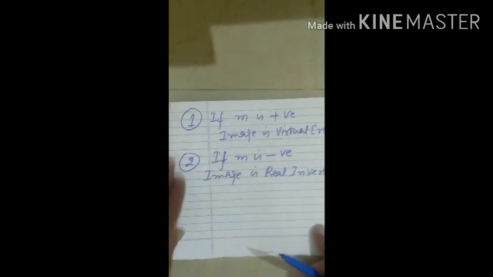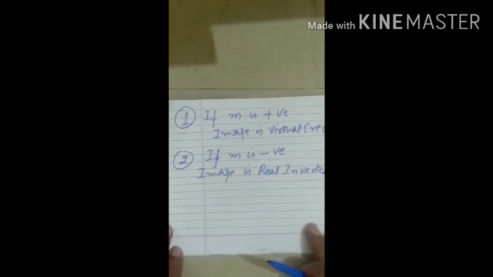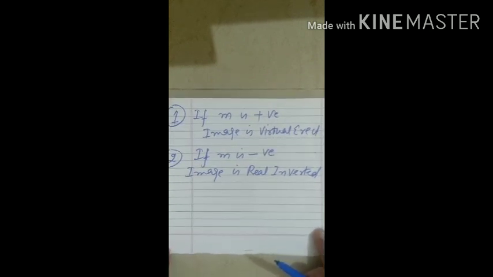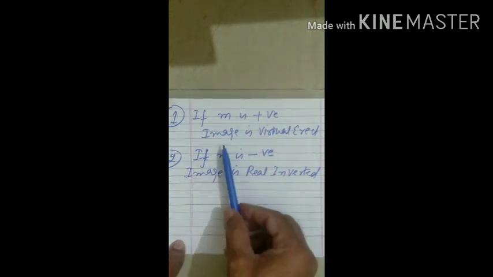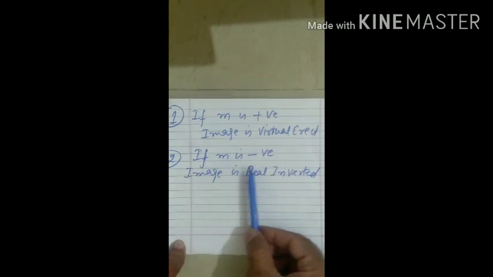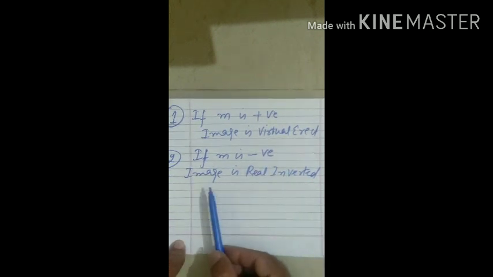Children, I want to let you know one more thing about the magnification. The magnification basically tells you the nature of the image. If magnification is positive, then the image is virtual and erect. If magnification is negative, then the image is real and inverted.